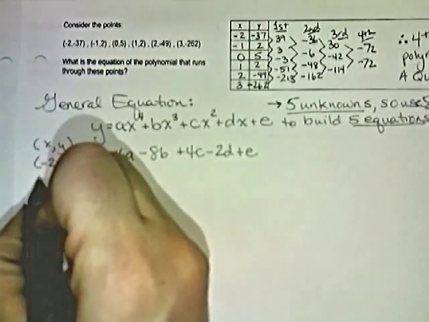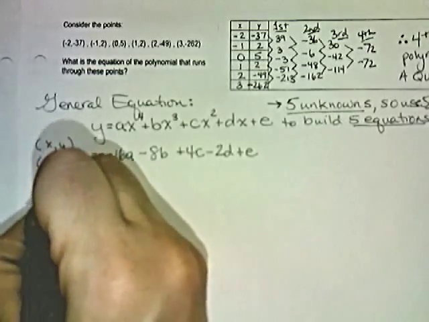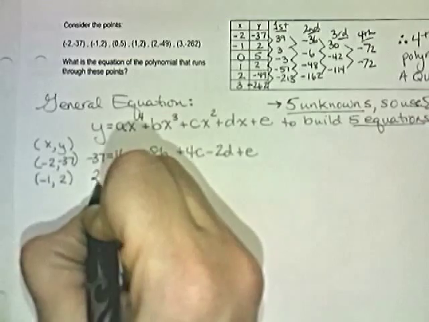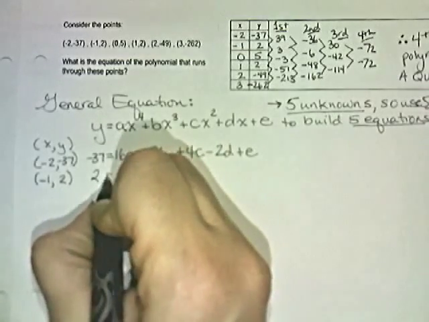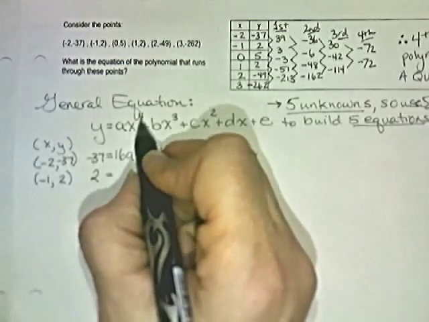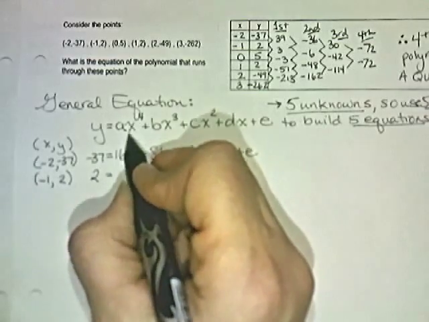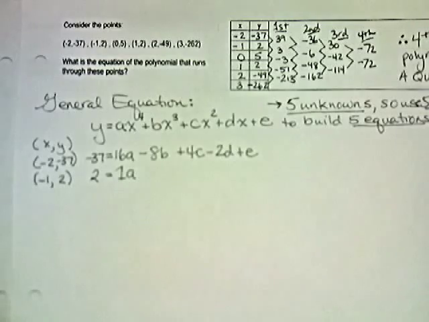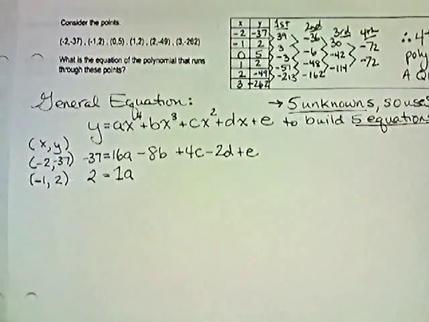Similarly, I will do that with all the rest of my points: -1 going with a 2. And so my Y value is 2, and my X value is -1. -1 to the exponent 4 would just be 1. I know that we normally would not write this, but I'm going to ask you to keep it as a placeholder so that we can keep track, so that when we're subtracting values, it just makes it a whole lot simpler.